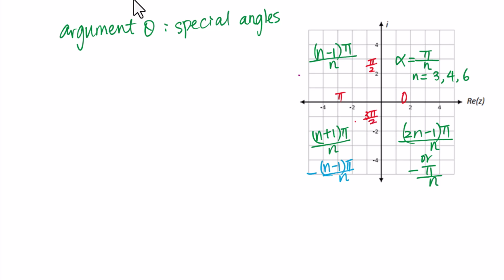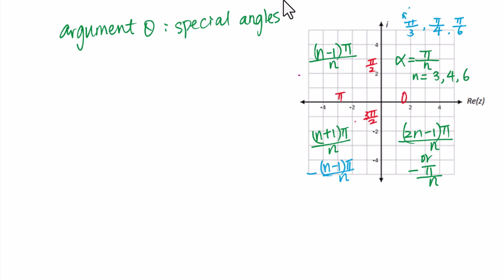For the first quadrant, reference angle is pi over n. n equals 3, 4, 6, which means pi over 3, pi over 4, pi over 6.